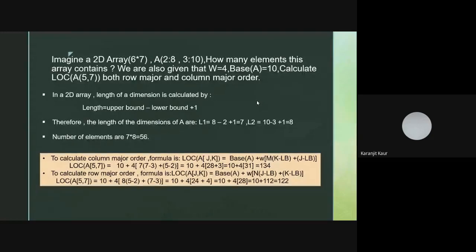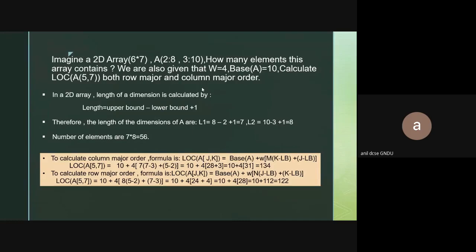What I want to ask is, if calculating the length of the dimension 2:8 gives the number of elements in a row, like the length of a row, then that should be the number of columns. In the case of a 1D array, as we studied yesterday, what she is saying is right.